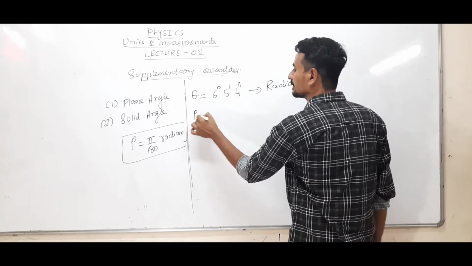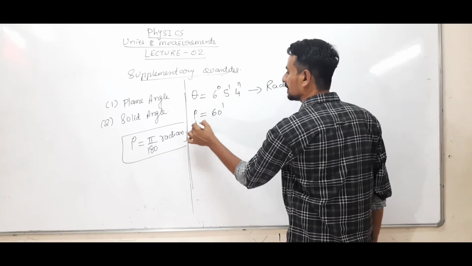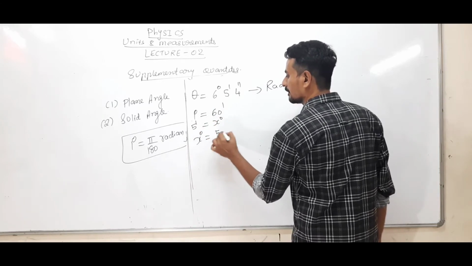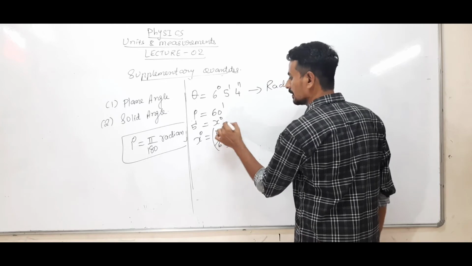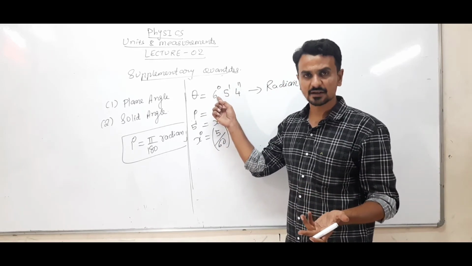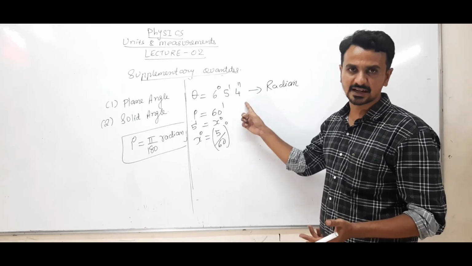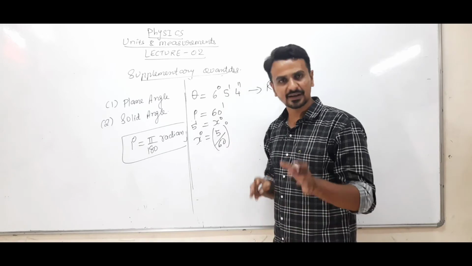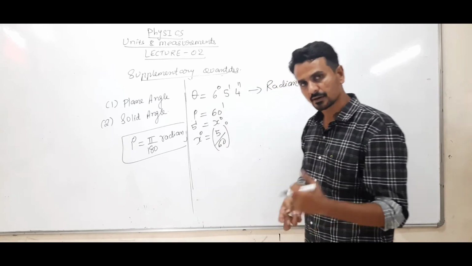So 1 degree is 60 minutes, so 5 minutes is 5 by 60 degree. Got it? This is already in degree. I am converting this into degree and this into degree, and then I will add all these answers. So my final theta will be in degrees, and then I will convert it into radian.